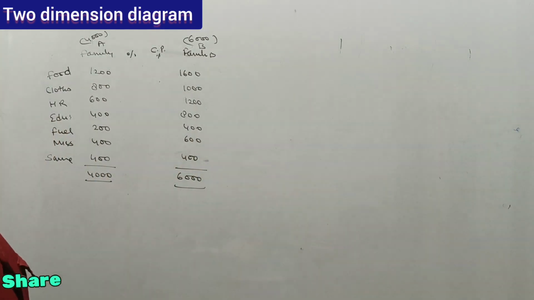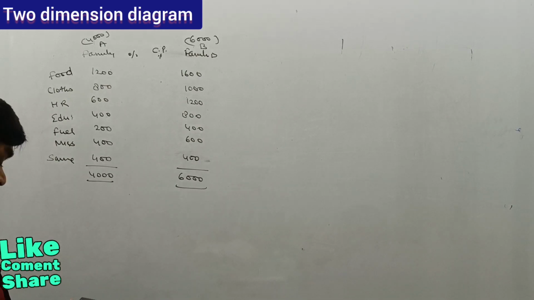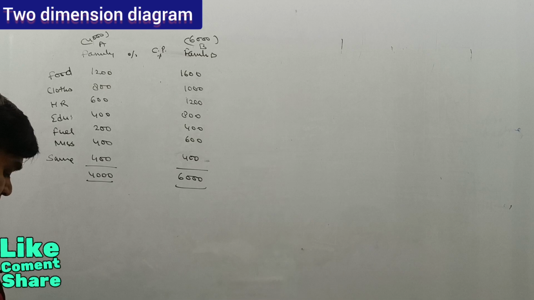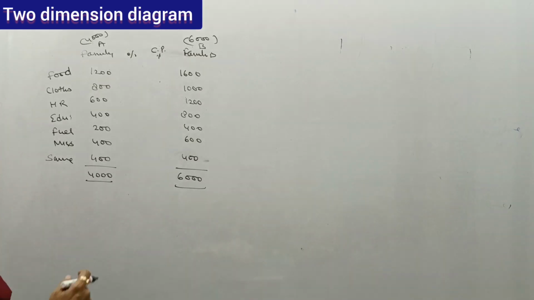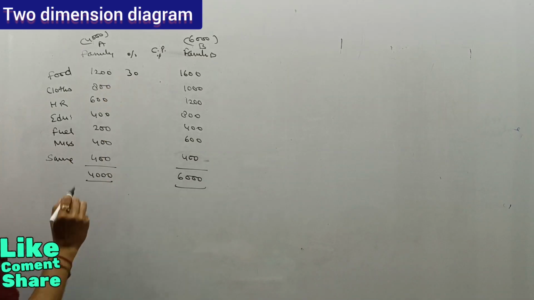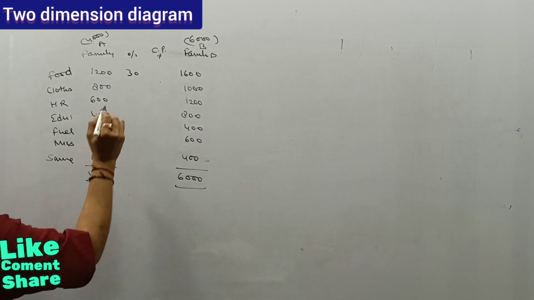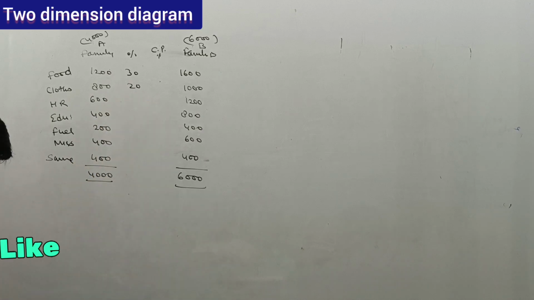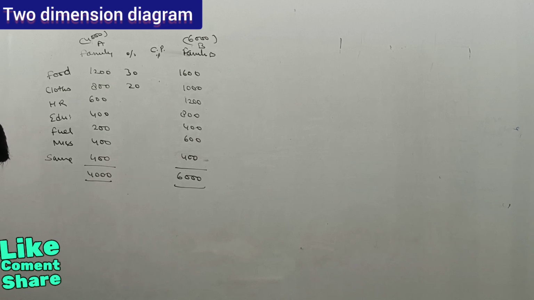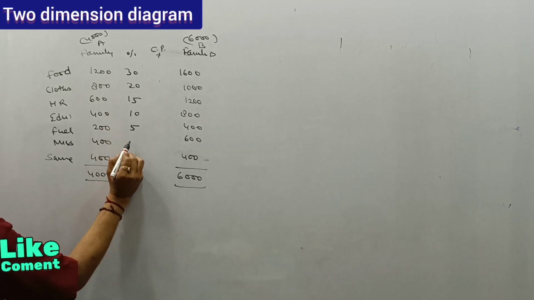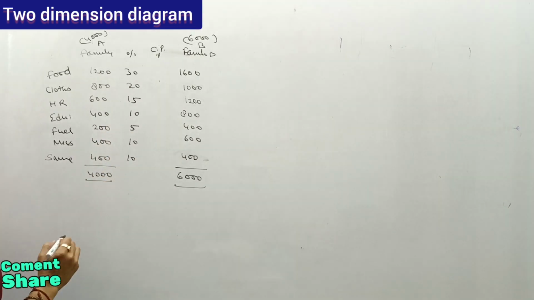So very first we will make the percentages for 4000. First, 1200 divided by 4000 multiplied by 100, so the percentage is 30%. Next, 800 divided by 4000 multiplied by 100 is 20%. 600 divided by 4000 multiplied by 100 is 15%. Then 10%, then 5%, then 10%, then 10%.